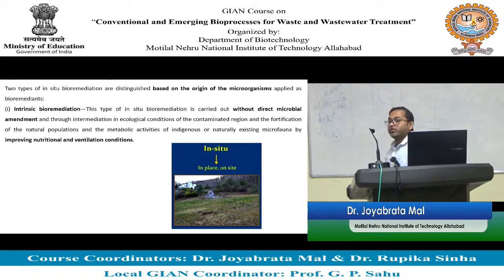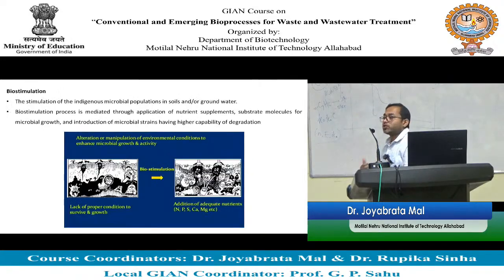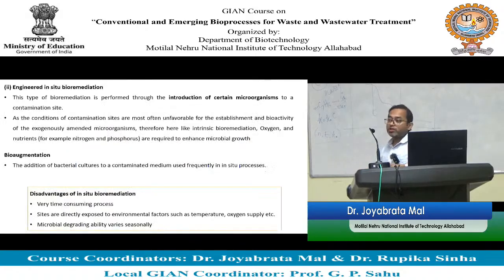We can increase the moisture, we can add some carbon source into the garden, to stimulate the microorganisms, which is known as biostimulation. It's to provide the best possible environmental and nutritional conditions to the microbes, so that you have the optimum rate of remediation.